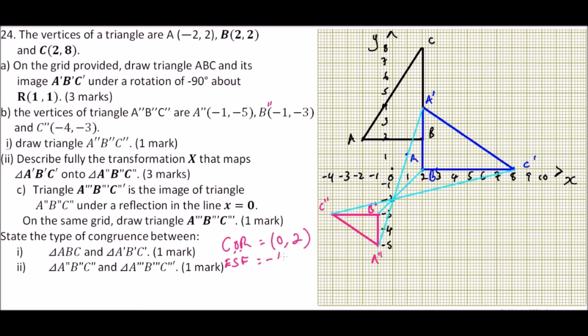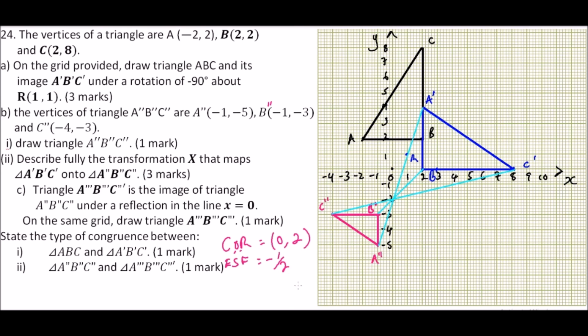Or if you get the area of this triangle, of the image, and you divide by the area of this triangle, you get a half, and the enlargement is on the opposite side of the linear scale factor. So that is how we get the center of enlargement and enlargement scale factor.